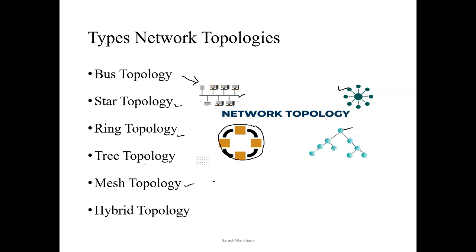Mesh topology means each and every node is connected with each other. And last one is the hybrid topology. Hybrid means mixing of properties. If there is a mixing of properties of two or more topologies, that is known as hybrid topology.